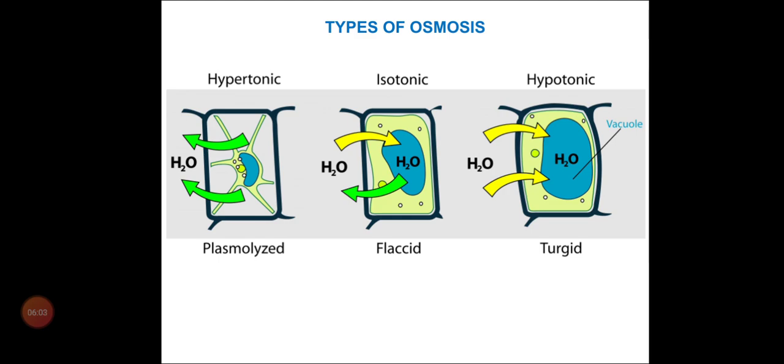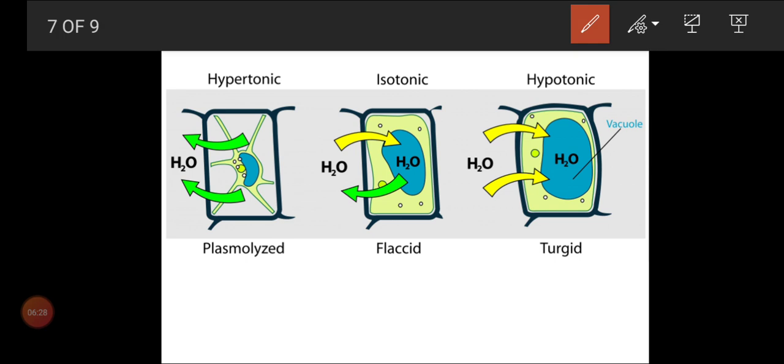Clear, children? Next we'll move on to types of osmosis. This is what happens normally when we keep raisins or a lemon with salt. When we keep a cell inside a hypertonic solution, suppose you are keeping a lemon inside salt, and we know salt is a hypertonic solution, then automatically water will move out from your cell into the outer environment.